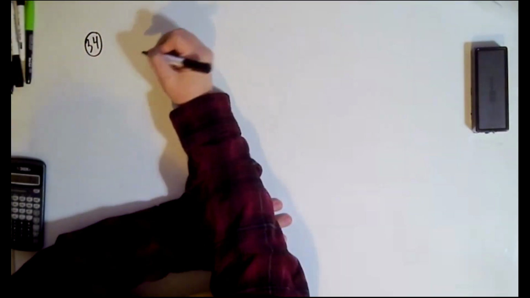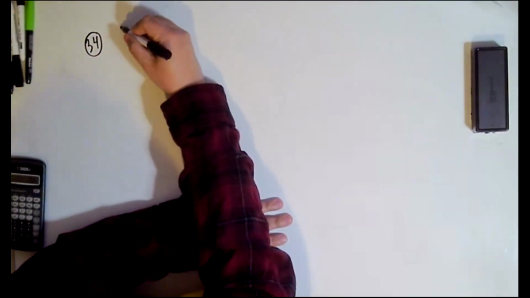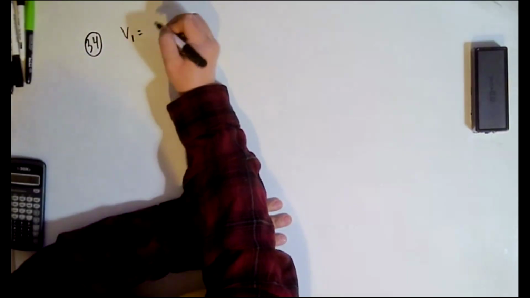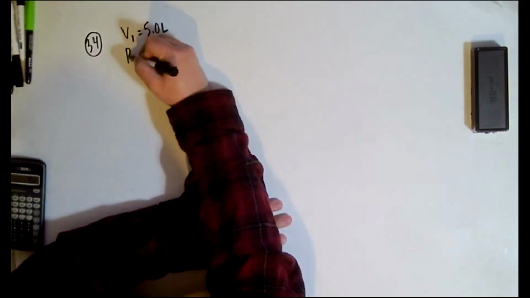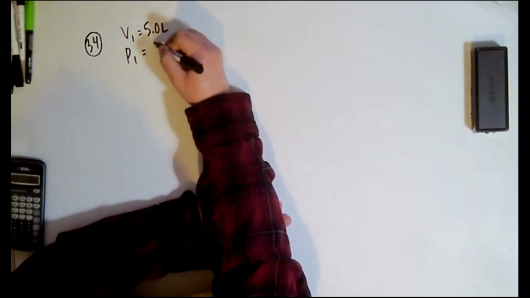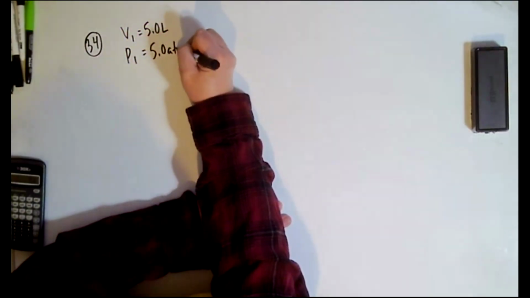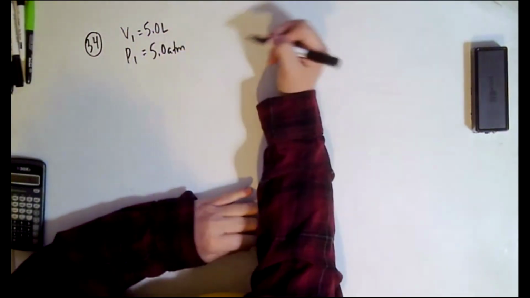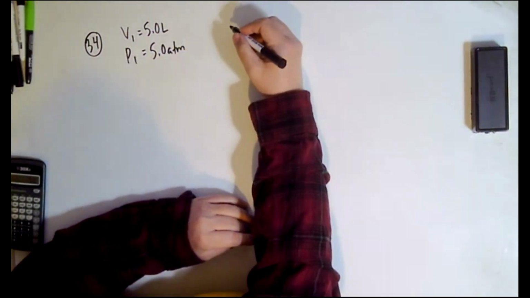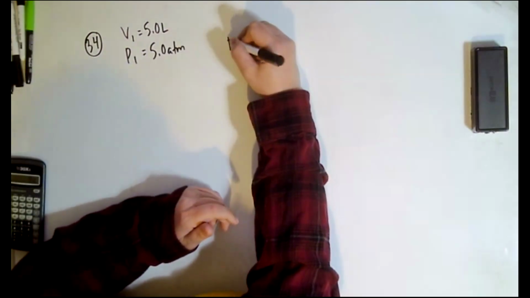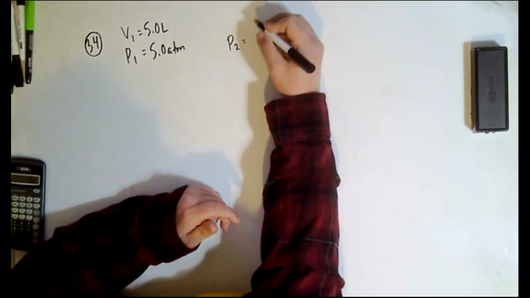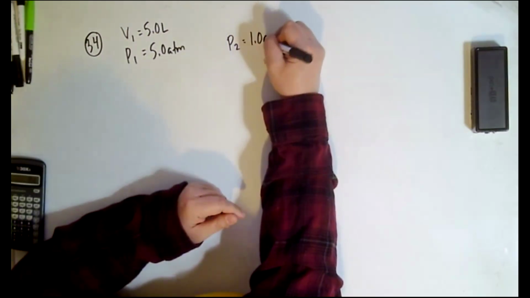But for question number 34, they're telling us that we have an initial volume of 5 liters with an initial pressure of 5 atmosphere. And we want to know what volume of anesthetic is given to a patient if the pressure is 1 atmosphere.